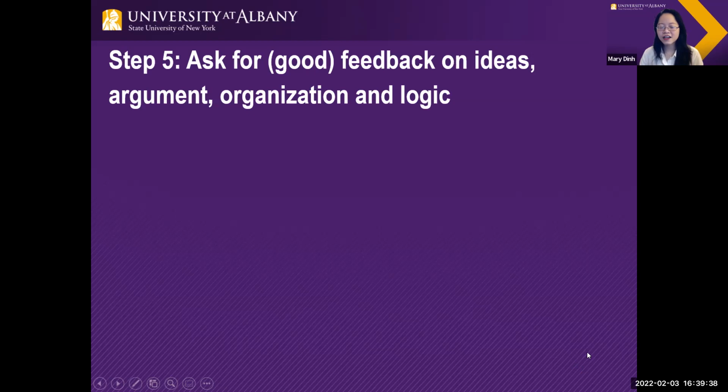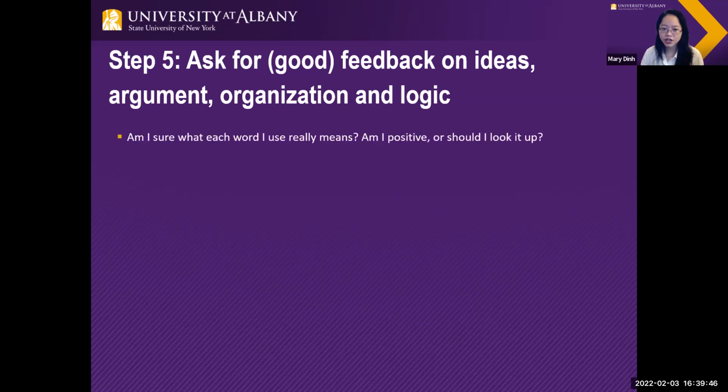And that is the last step after you edit and proofread: ask for feedback on ideas, argument, organization, and logic when you write. And that is something that the writing service in our school usually can be very helpful for.